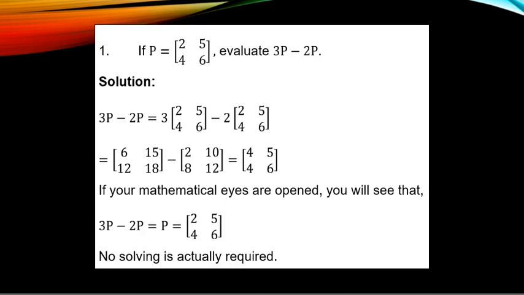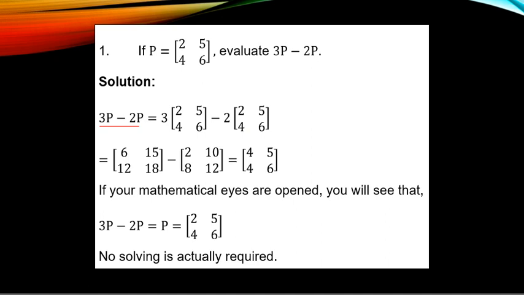So number 1, if P is equal to the matrix with entry 2, 5 for the first row, 4, 6 for the second row, evaluate 3P minus 2P. You can say that this is scalar multiplication because 2 and 3 are scalar or constant.